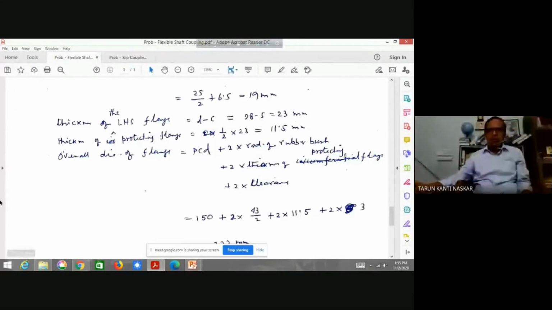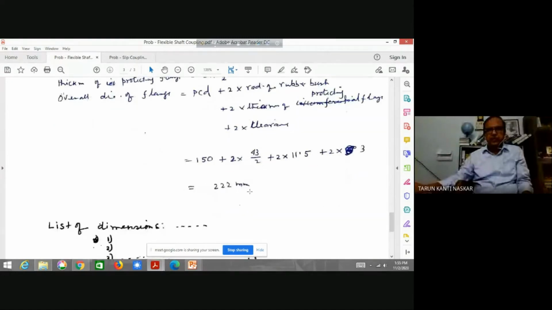So the overall diameter of the flange will be PCD plus 2 into the radius of the rubber bush plus 2 into the thickness of the protecting flange plus 2 into the clearance. All these added, we get 222 millimeter for this problem, that is the overall diameter of the flange. So the design is okay here.